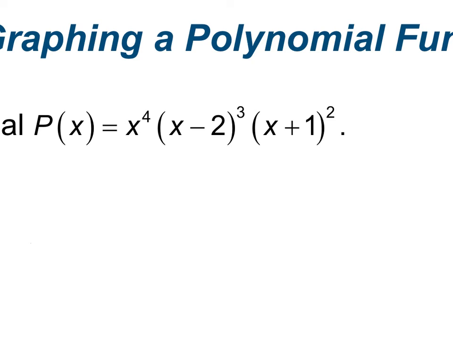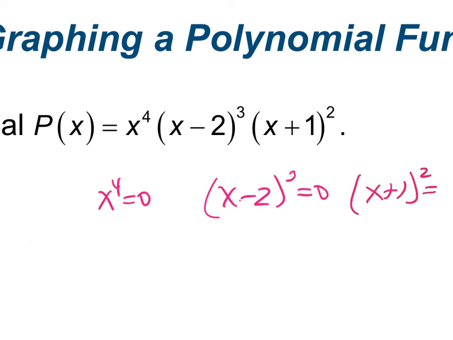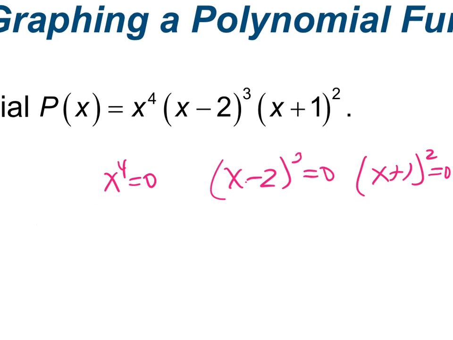I have multiples. Multiplicity is when you have the same x answer more than one time. So if I was going to find the zeros here, I would just set this equal to 0. So I would say x to the 4th equals 0, x minus 2 cubed equals 0, and x plus 1 squared equals 0. So when I solve this, I get x equals 0. What's my multiplicity?